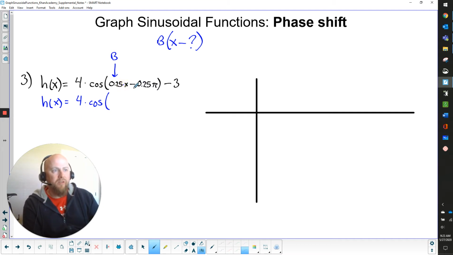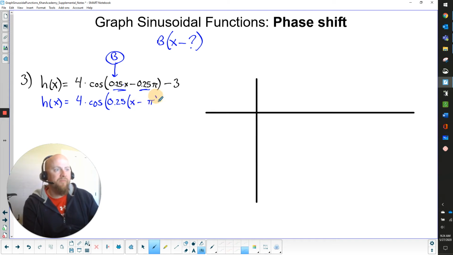It affects this side. So if I'm going to divide both this term and this term by b, whatever b is, that leaves us here.